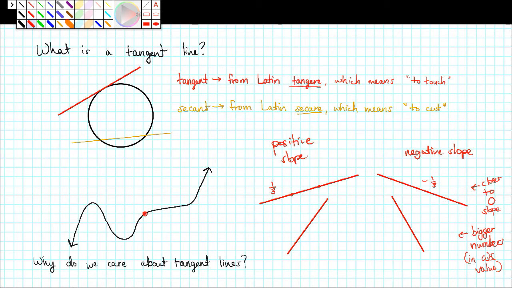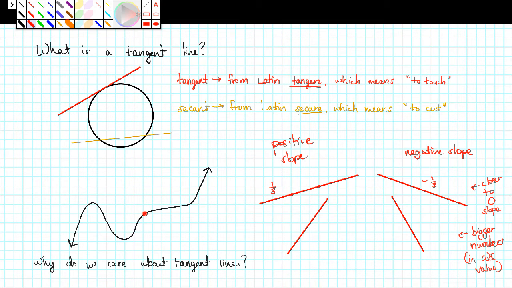Okay, so with lines, we have a calculation that we can do that actually gives us a numerical description of increasing and decreasing, that's positive and negative slopes, and also how steep it is, and that's the number that we use. Okay, so tangent lines are going to give us a thing that we can use to assign a number to a description of a curve, as to be able to say it's increasing here or it's decreasing here and it's this steep.